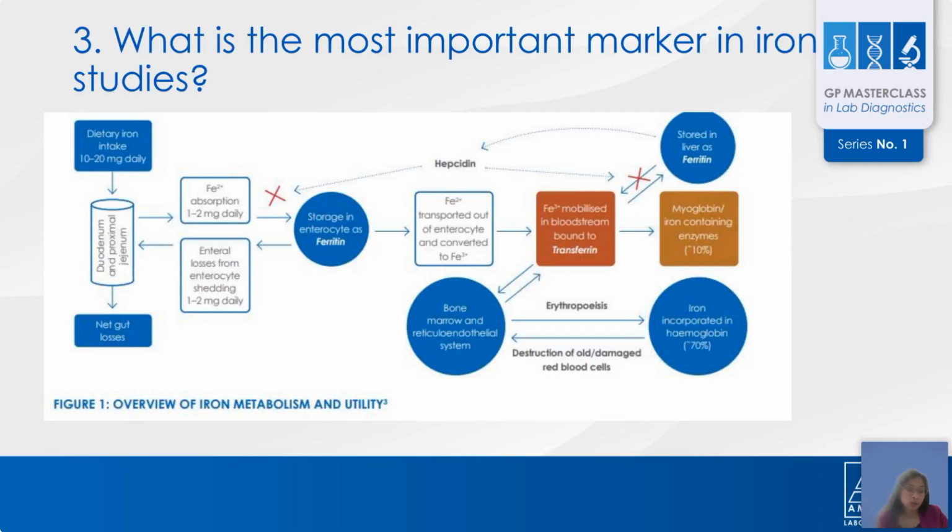Unbound or free iron, we have to remember, is potentially toxic and could cause tissue damage due to its tendency to initiate redox reactions and create free radicals, which are damaging to the skin, the hair, and our organs as well. Therefore, the body mitigates its exposure to free iron by binding it.